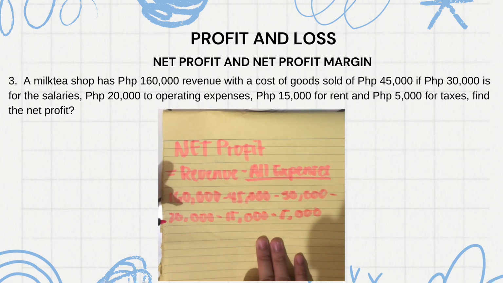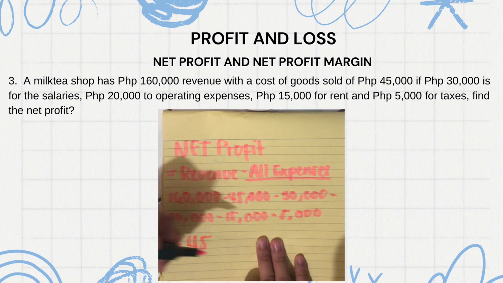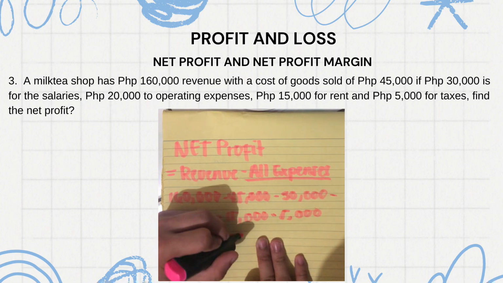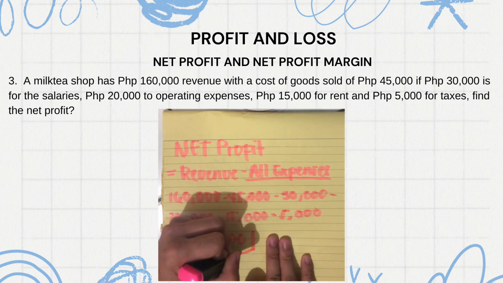So subtract all of them, equals 45,000. Here is the answer for net profit.